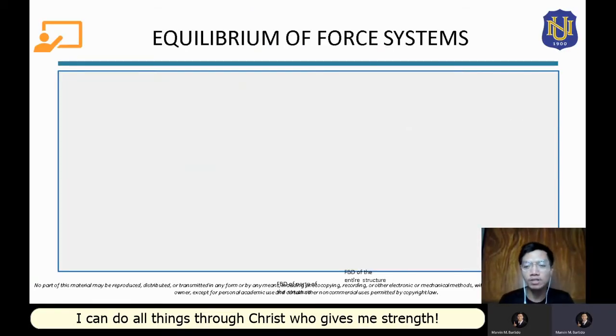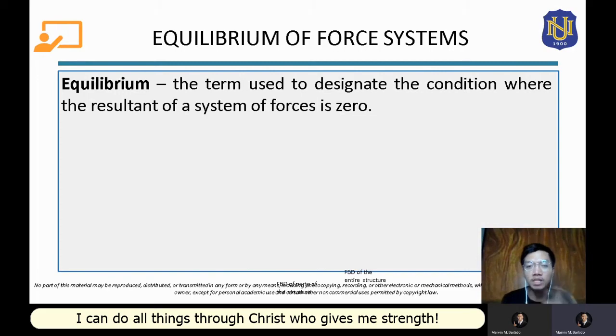So for equilibrium of force systems, we use the term equilibrium to designate the condition where the resultant of a system of forces is zero. From our previous discussions, we have discussed how to solve the resultant of different force systems, right?